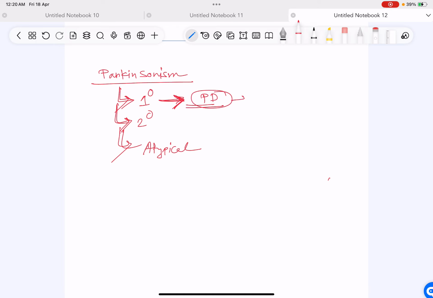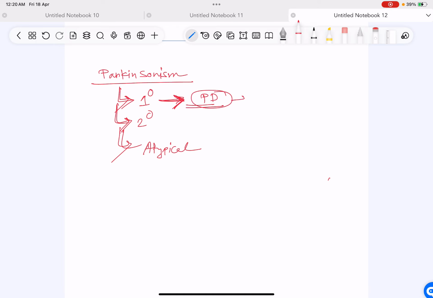Okay. Next question. Hot cross bun sign on MRI is seen in which?